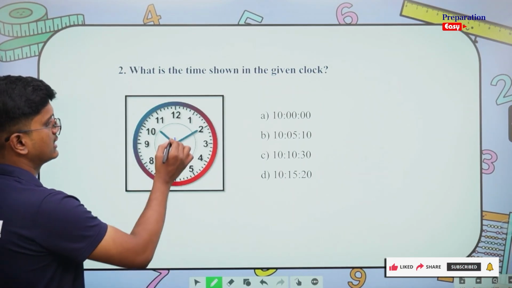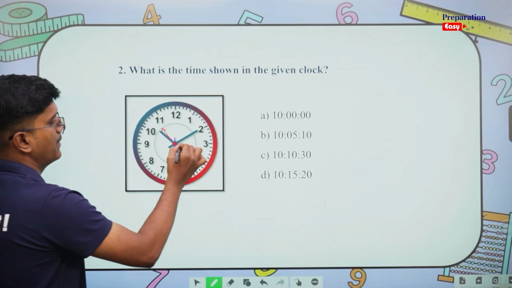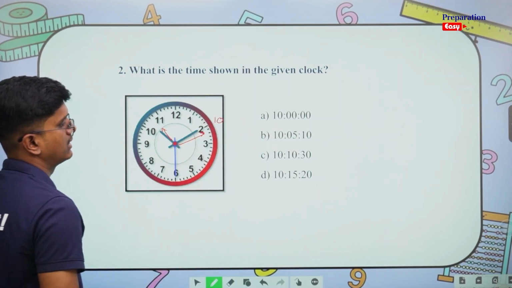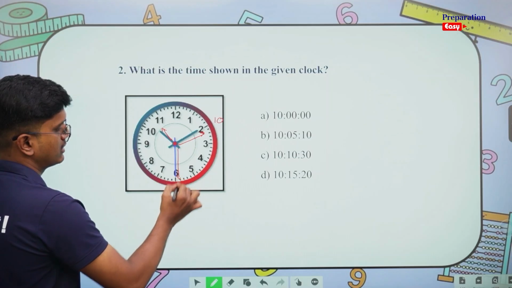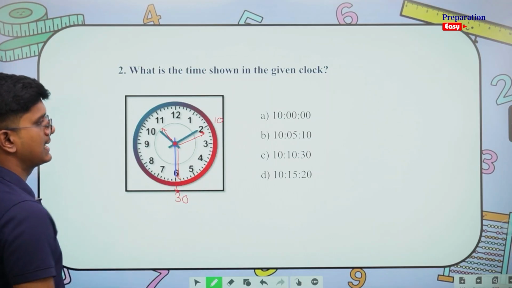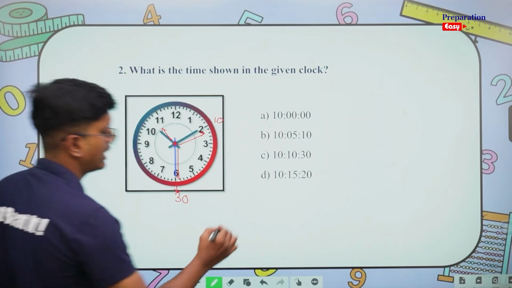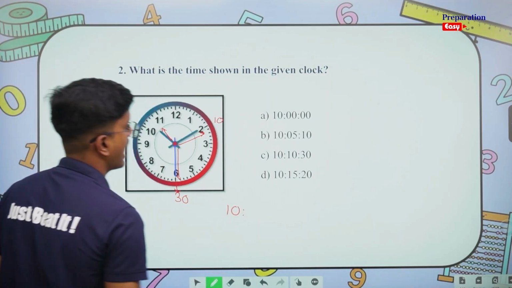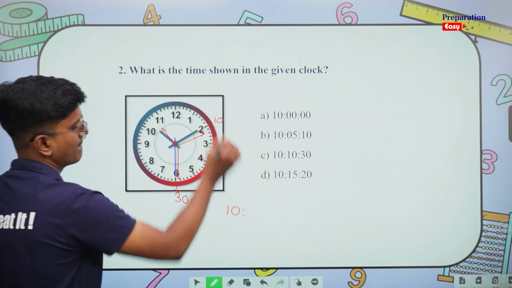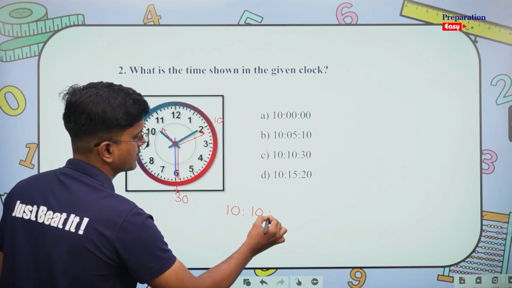Okay, what is the time shown in the given clock? Let's check the hour hand. Hour hand is on the 10, minute hand is on the 2. So minute hand on 2 means 10 minutes, right? And our second hand is on 6, which means 30 seconds. 6 is exactly 30, right? So how will we write it? It's 10 hours, 10 minutes, and how many seconds?